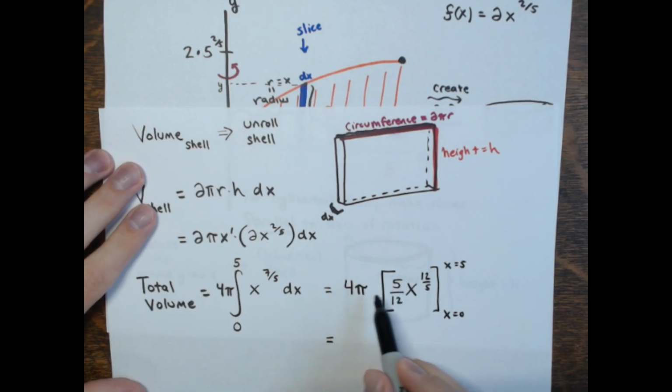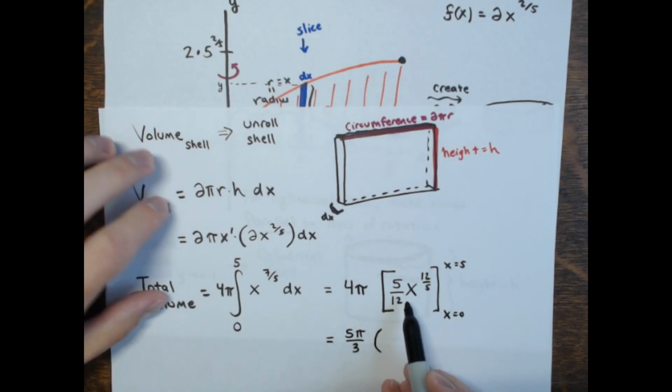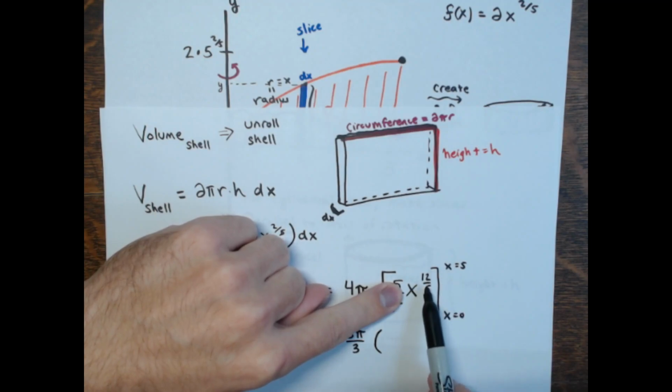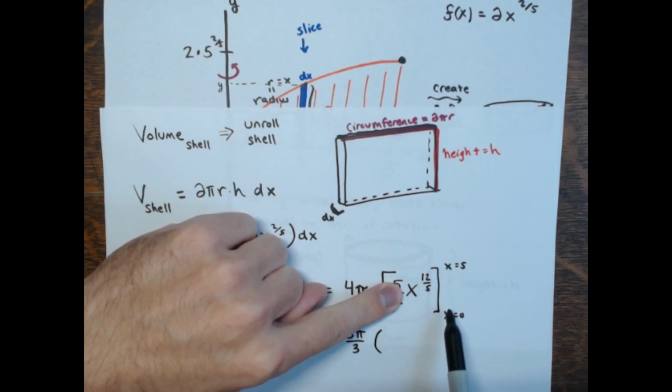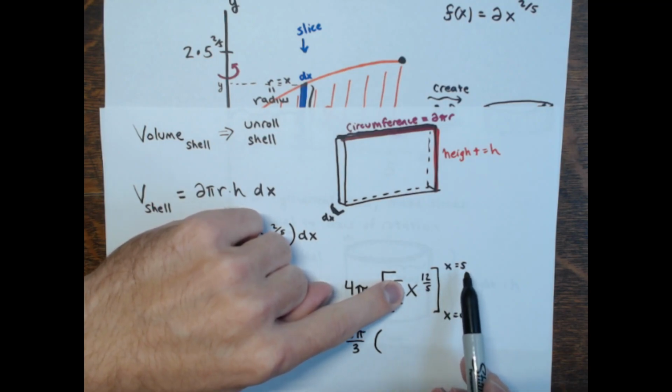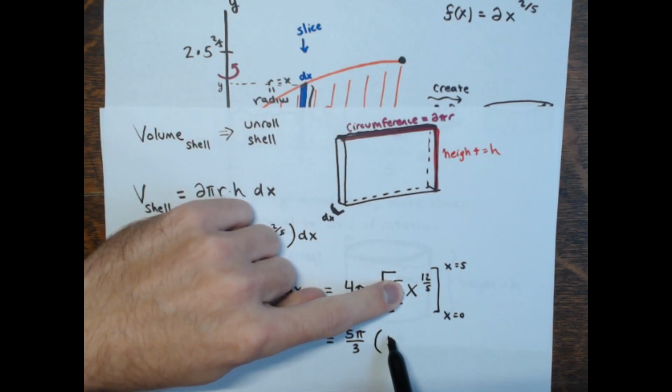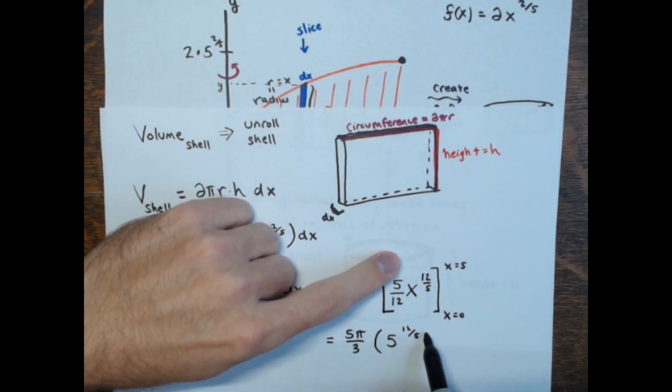So 4 goes into 12 3 times. So this is 5 pi over 3 out here, times, and then if I remove the 5/12, now I'm just evaluating x to the 12/5 at 5 and 0 and then subtracting. So it'd be 5 to the 12/5 minus 0 to the 12/5. Well, 0 to the 12/5 would be 0. So I just get here 5 to the 12/5 power.